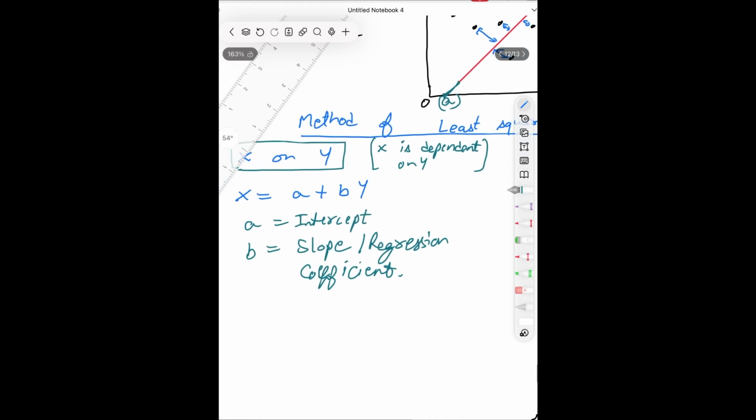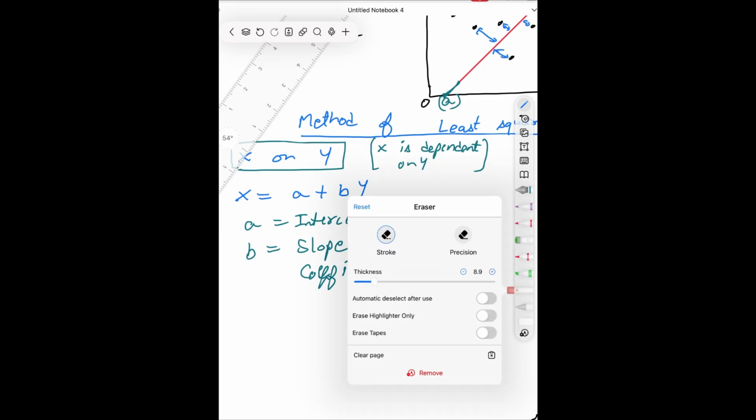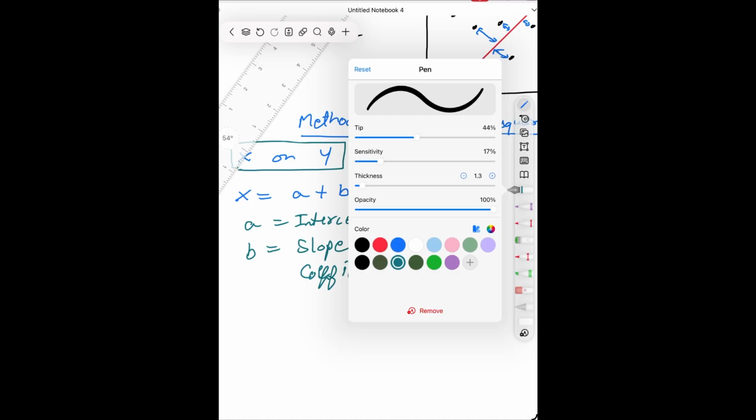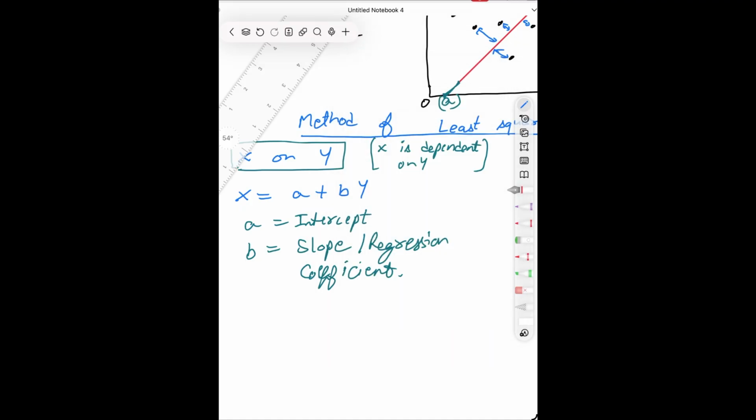So we would use the term at a later stage, not at this time, we will write this b as b subscript xy. So remember, whenever I am saying bxy, that would mean this is the regression coefficient or slope for the line x on y.